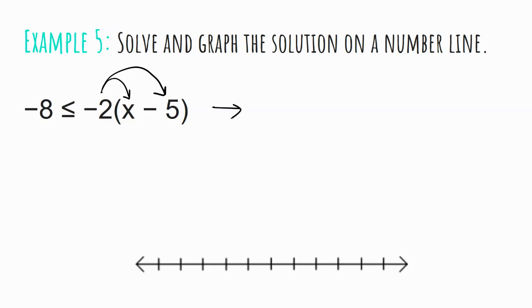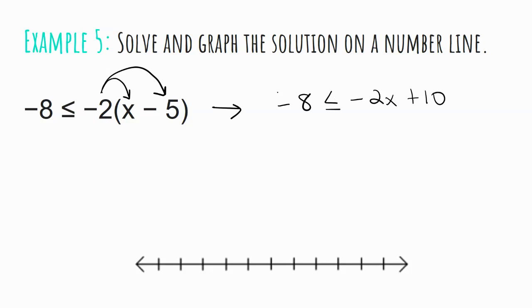And when we do that, we're going to end up with negative 8 is less than or equal to, I'm going to do negative 2 times x, which is negative 2x, and then negative 2 times negative 5, which is 10.